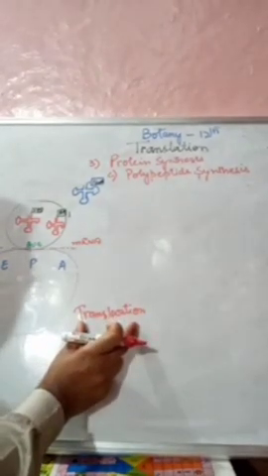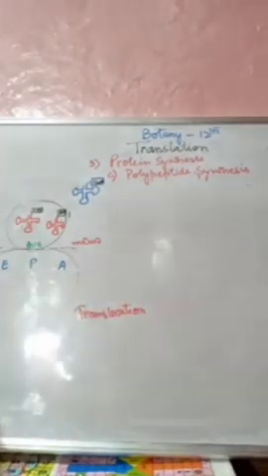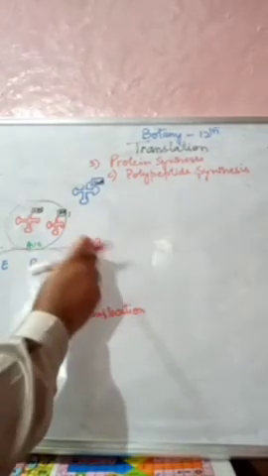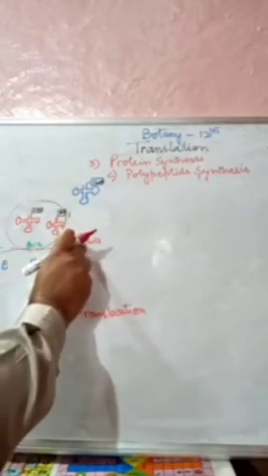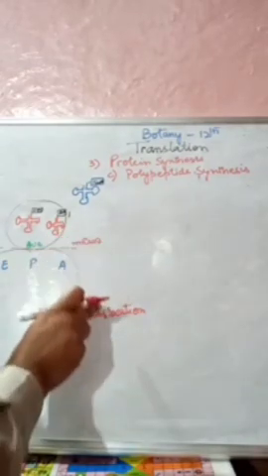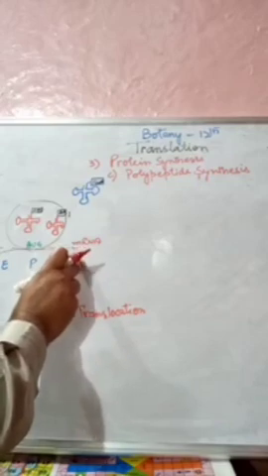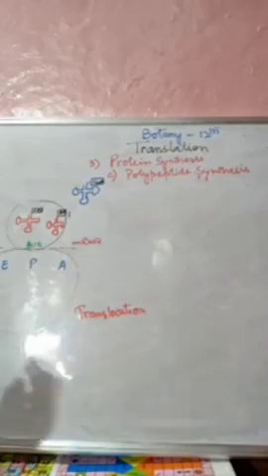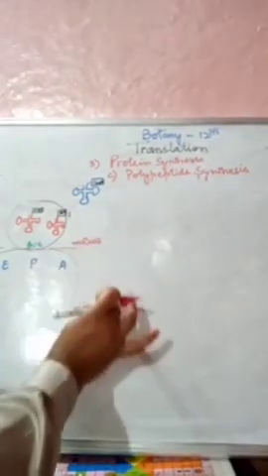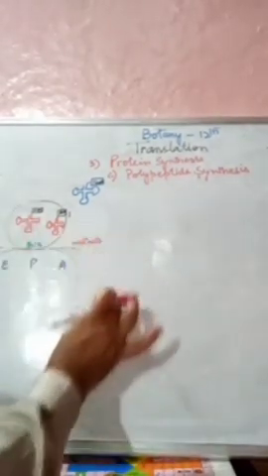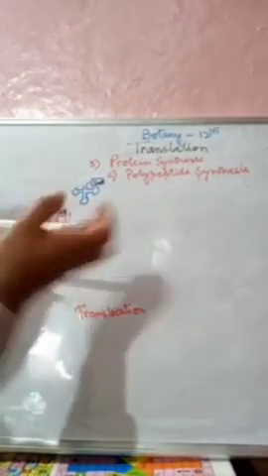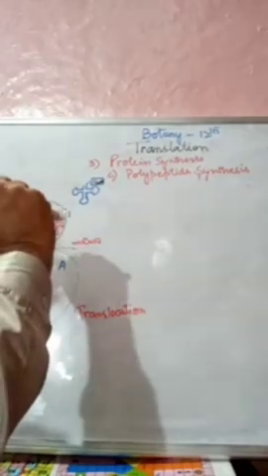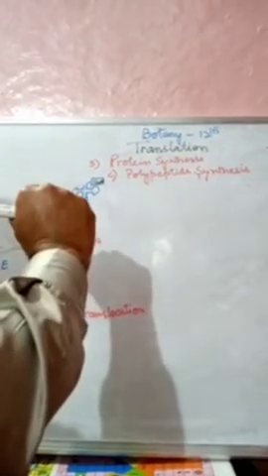Now, what do we mean by translocation? Translocation simply means the shift of ribosomes along mRNA. The shift of ribosomes along mRNA is called translocation, or we can simply say that the movement of ribosomes on mRNA is called translocation. One movement happened like this. Earlier the ribosome was here.